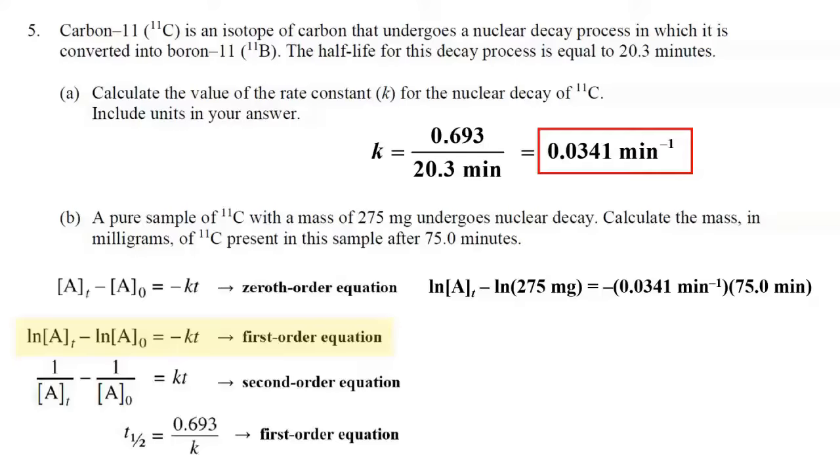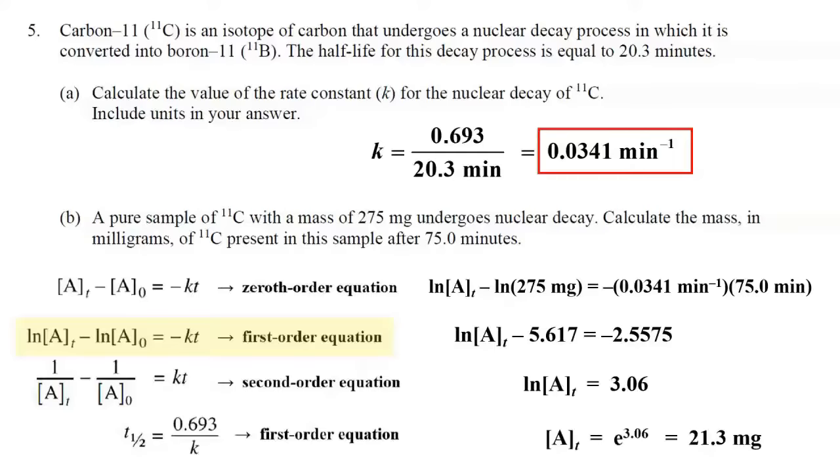The rate constant is 0.0341 inverse minutes, which we've already calculated in part A. The total time is 75.0 minutes, and so we're solving for the amount present at time t. So now it's just a matter of doing the math and using your calculator for this. And right at the end, we get that e raised to the 3.06 power will give us our answer.